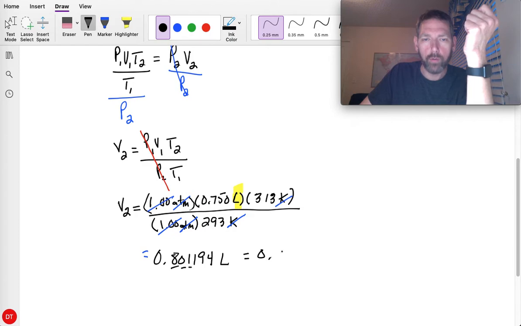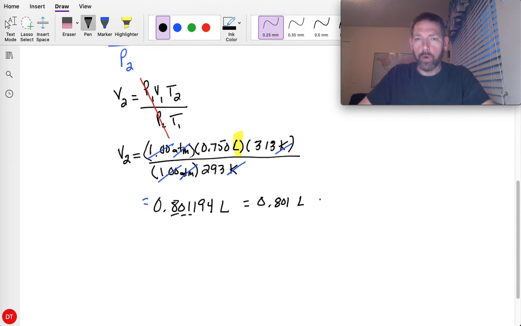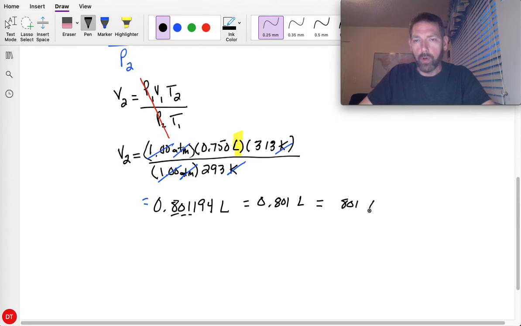So 0.801 liters. We initially were working with milliliters, so we need to convert this, and so we know that that's 801. Wow, that was horrible. All right, so we're at approximately 801 milliliters. Sorry. So now we've got the problem solved.